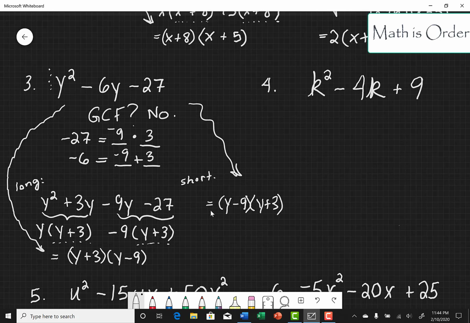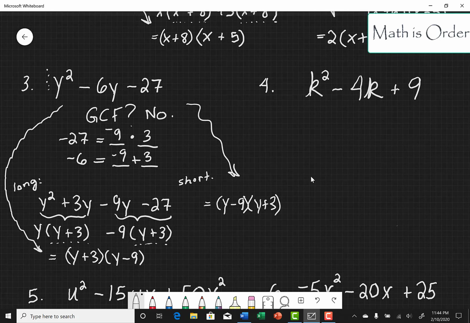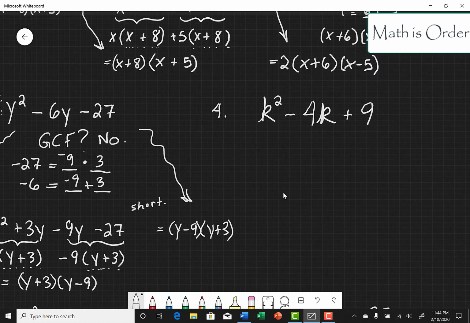All right, and now let's look at number 4. For number 4, is there a GCF? No. Next, there's 3 terms. Let's go ahead and try the AC method. So AC method says 1 times 9. So I need to multiply to give 9.